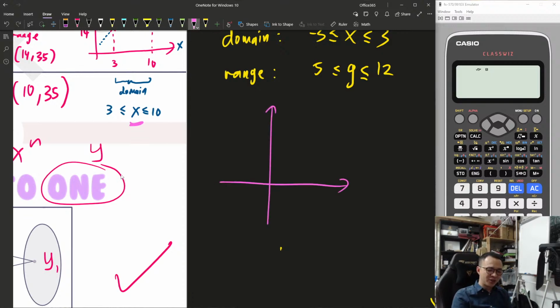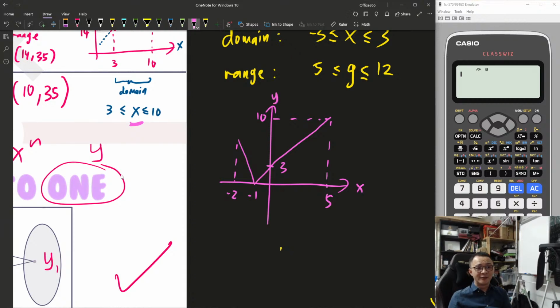I give you some modulus graph. This is -1, this is -2, this is 5, and this is 3, and this is 10. This is x, this is y. Okay, let's say this is my modulus graph.